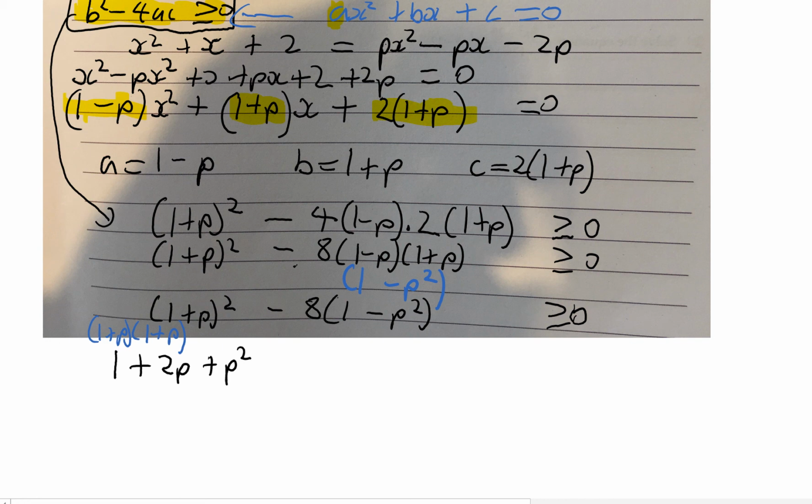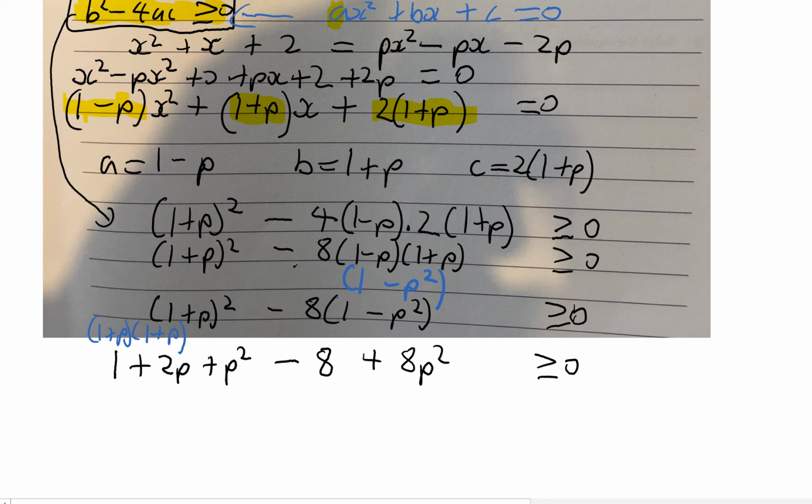Right, so expanding those brackets out. Over here it's just one set of brackets, so it's just going to be 8. So minus 8. Now there's a double negative here, so you've got to be careful. Negative 8 times negative p squared, so plus 8p squared is greater than or equal to 0.